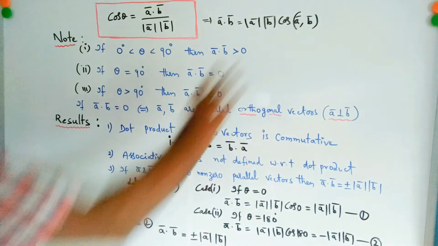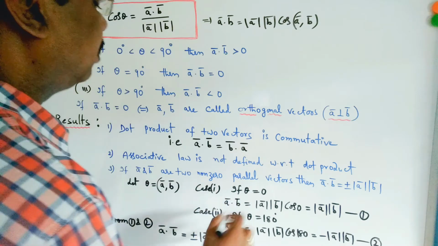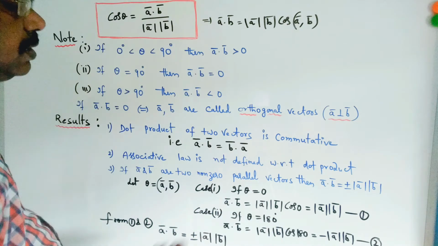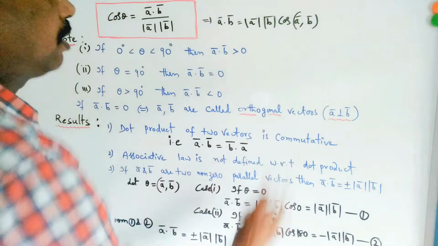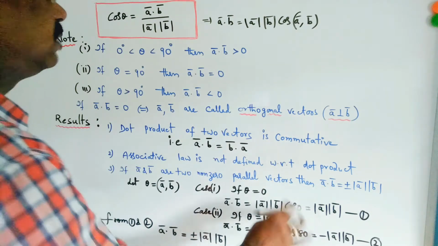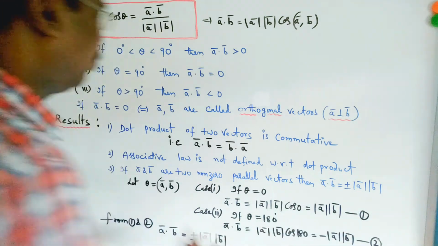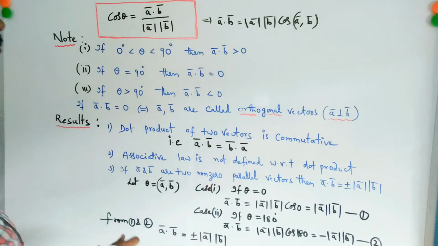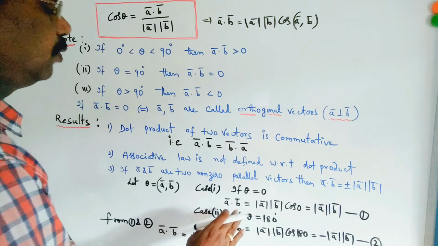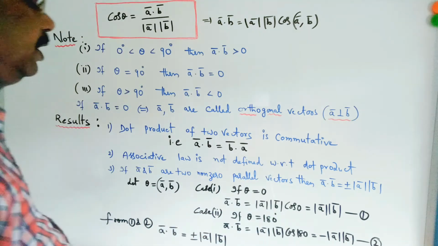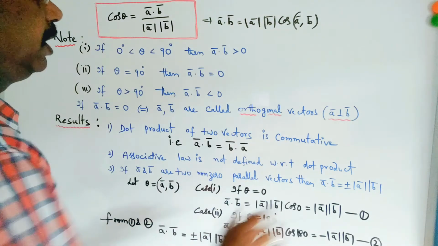Let the angle between A bar comma B bar be theta. Case 1: theta is equal to 0 degrees. Now A dot B is equal to mod A bar mod B bar cos 0. Cos 0 value is 1. So A dot B is equal to mod A mod B. Call this equation 1. Next, case 2. Parallel means theta is equal to 0 or 180 degrees. Case 2: theta is equal to 180 degrees. Now A dot B is equal to mod A mod B cos 180 degrees.